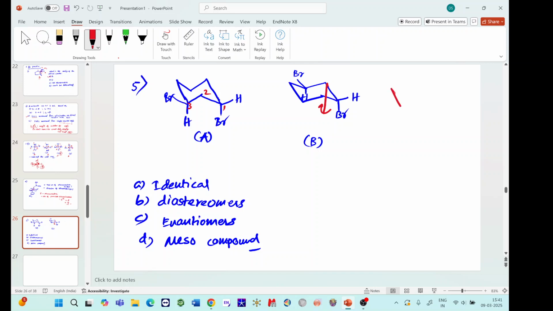So if you rotate it, then in this position hydrogen will be on the top, then bromine on the bottom, then here hydrogen on the bottom and bromine on the top. Okay.